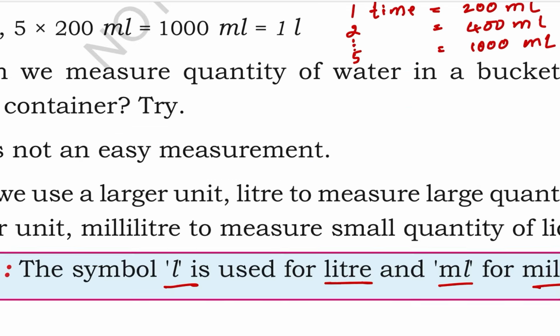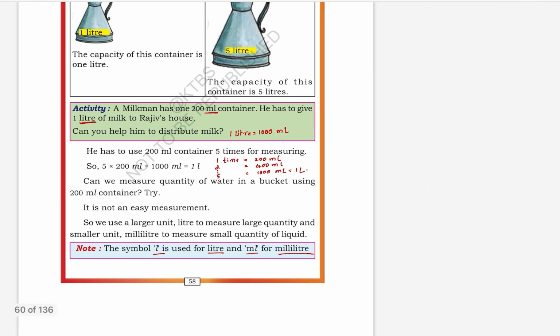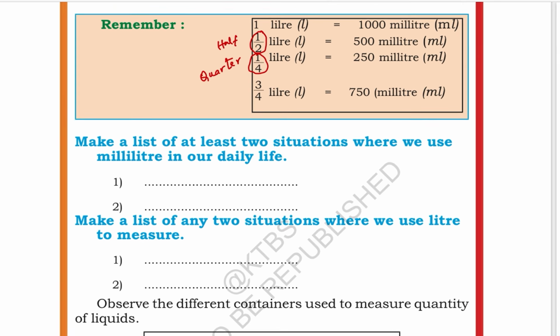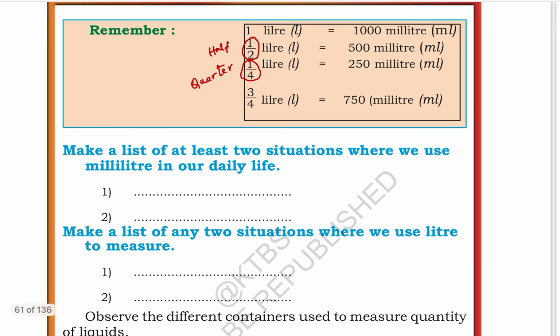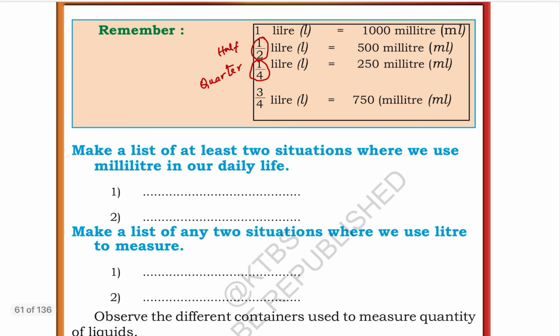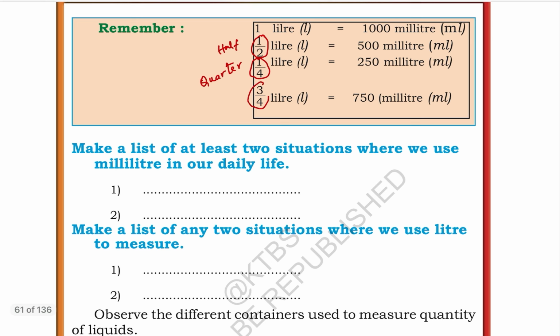Half liter is equal to 500 milliliter and quarter is equal to 250 milliliter, and 3/4 is 750 milliliter. Understand? Please remember these relationships.